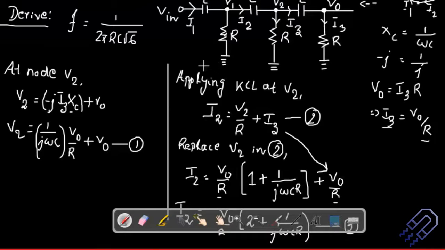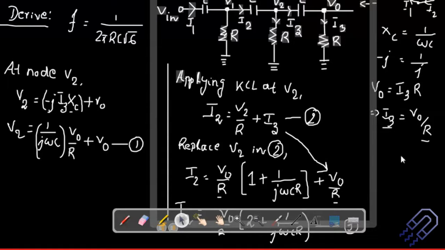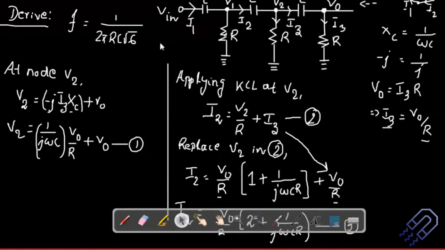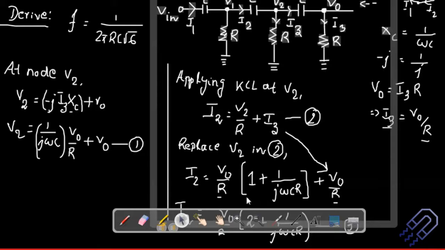So now let's just go to the next node. Before going to the next node, I think we can just copy this.